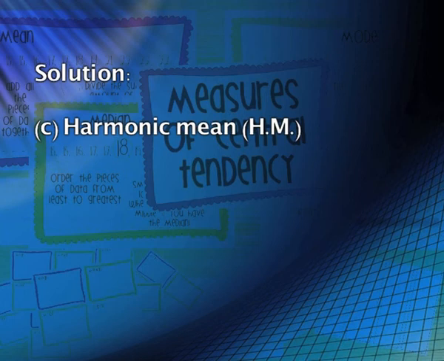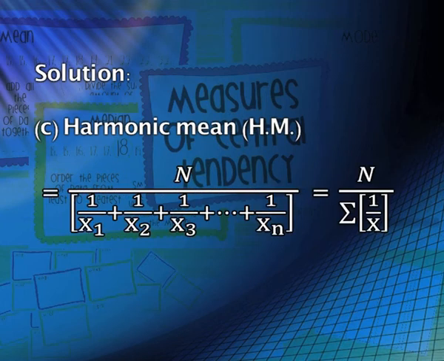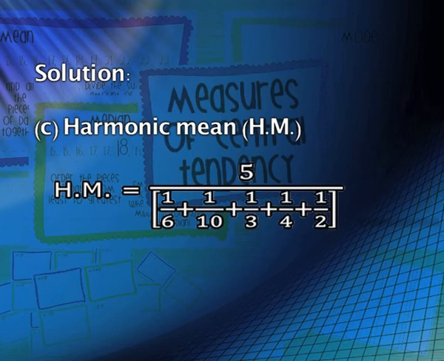Let's calculate harmonic mean. We have the formula for calculating harmonic mean as n divided by 1 by x1 plus 1 by x2 plus 1 by x3 plus so on 1 by xn. So this is equal to n divided by sigma 1 upon x. Let's put in the values. Harmonic mean is equal to 5 divided by 1 by 6 plus 1 by 10 plus 1 by 3 plus 1 by 4 plus 1 by 2.